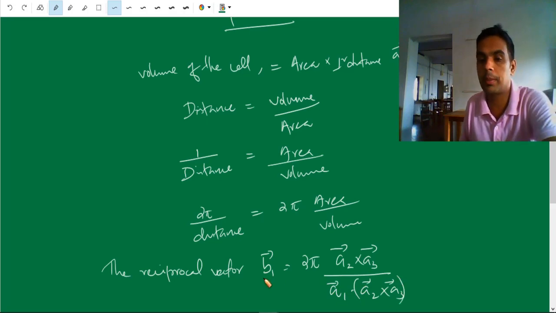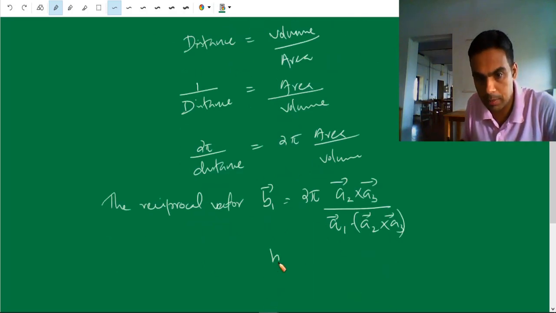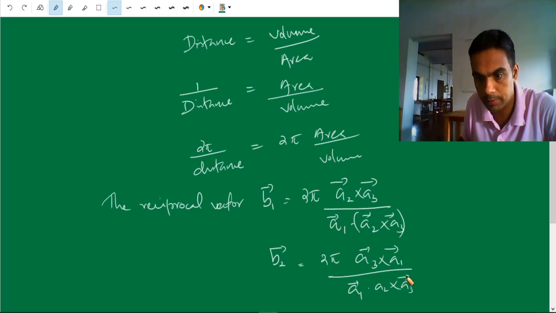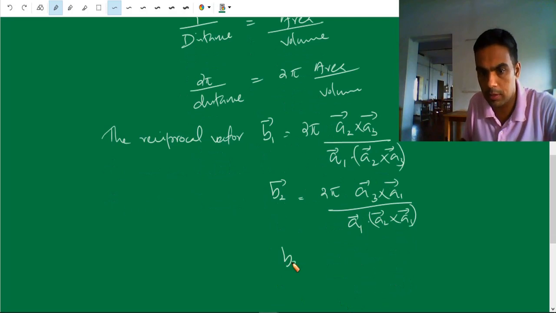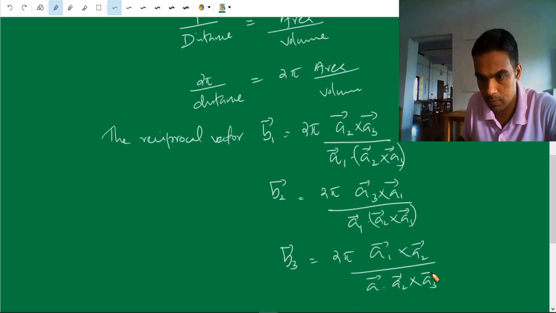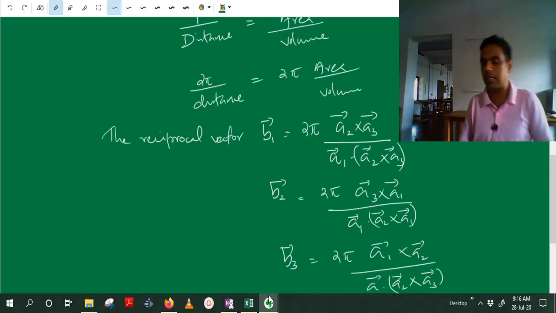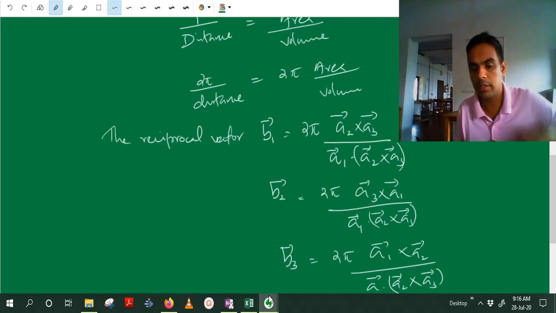So this is the primitive vector B1, and the reciprocal lattice vector B2 is equal to 2 pi A3 cross A1 divided by A1 dot A2 cross A3. Similarly, B3. So these are the three reciprocal lattice vectors along the three different axes.